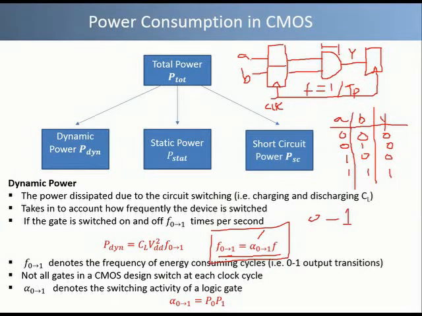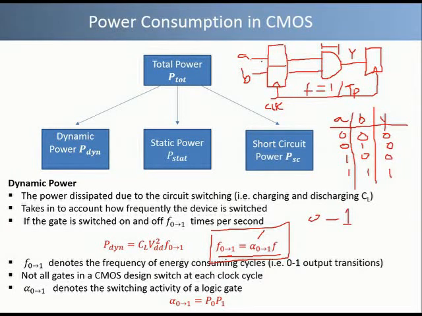Now ideally we can apply a new set of inputs at each clock cycle, so the total number of times per second the inputs can be applied to this gate is equal to F times per second.